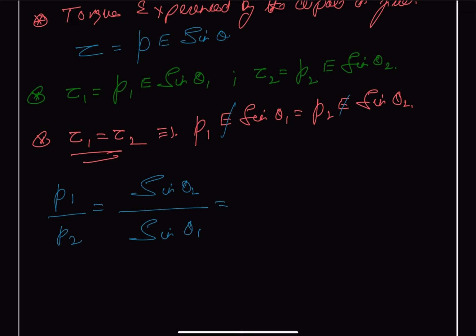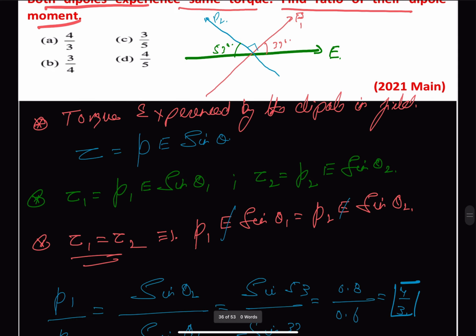Substituting the values, we get sine of 53 divided by sine of 37, which is 0.8 divided by 0.6, which comes as 4 by 3. Okay, so this is the ratio of P1 by P2, that is 4 by 3. Option A is correct.